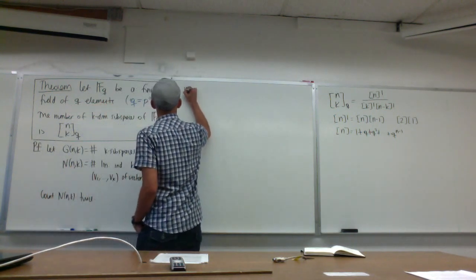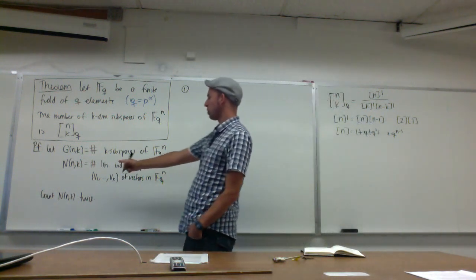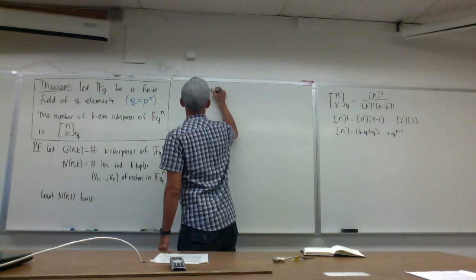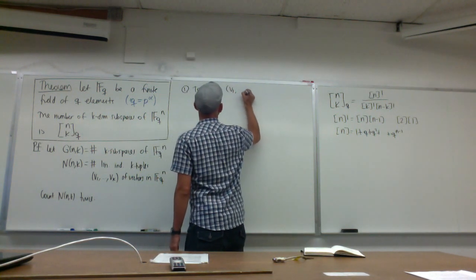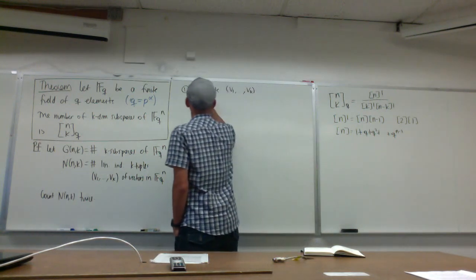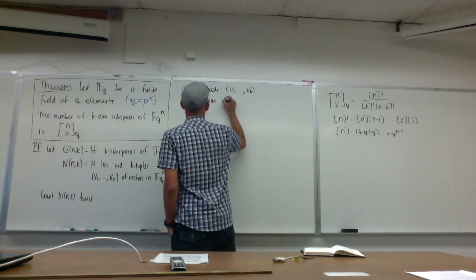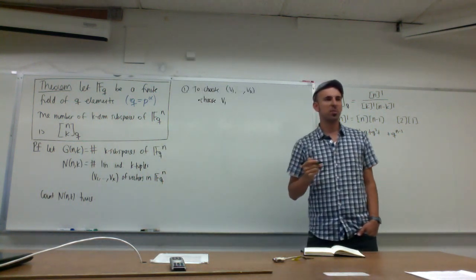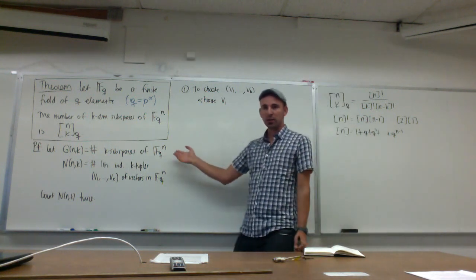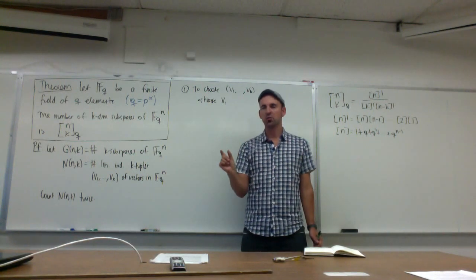Let's count it once by saying, to choose my k-tuple, I can just choose the vectors one at a time. First, let me choose the first vector. How many possibilities do I have for the first vector? It should be a vector in F_q to the n, right? So it's an n-tuple where for each coordinate I have q choices.